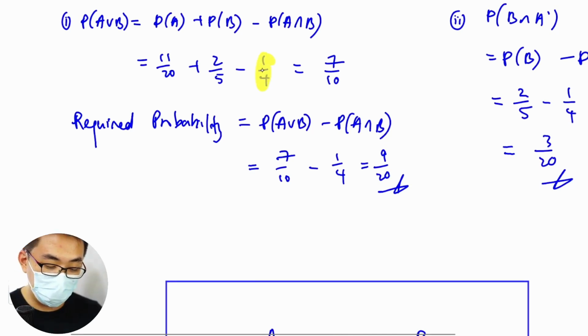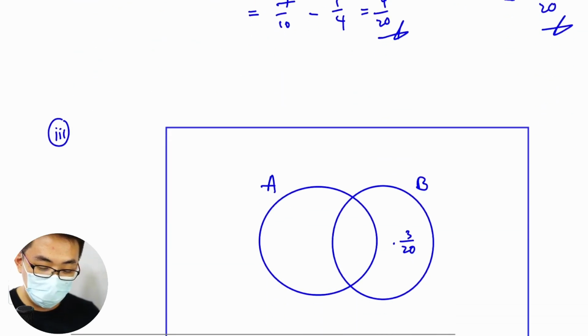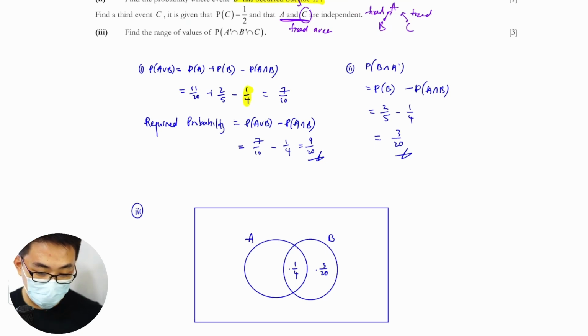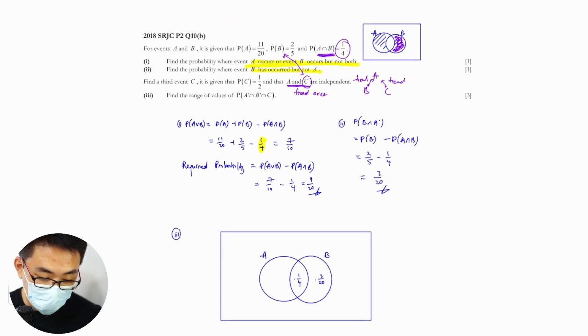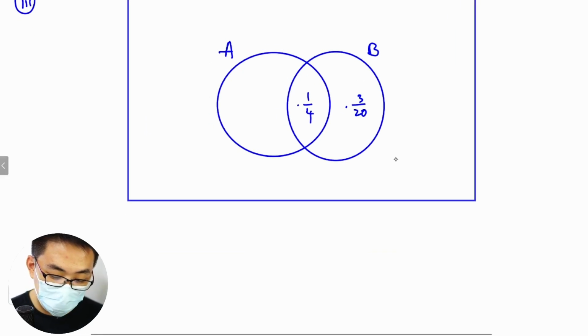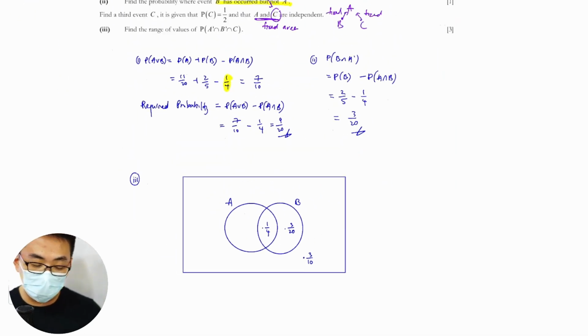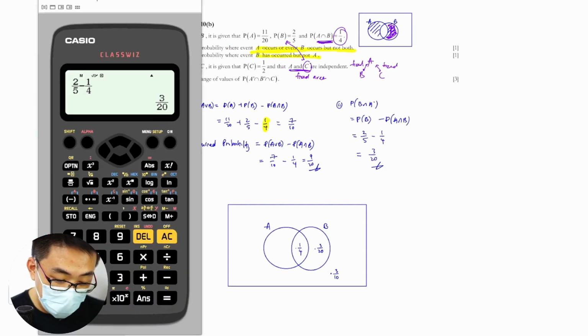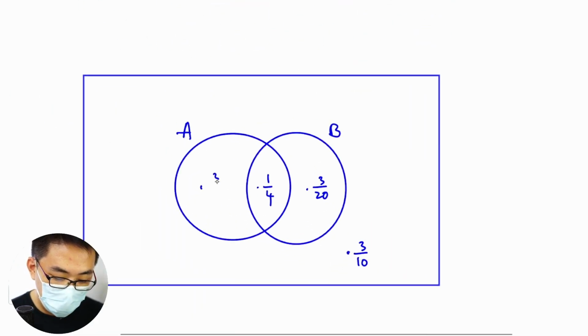A intersect B prime is 1/4, we found all this. Then A union B is 7/10, so outside here is 3/10. Just find all the areas out first. This is what I recommend.